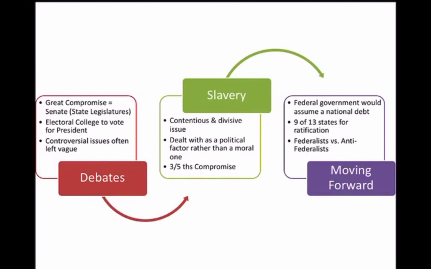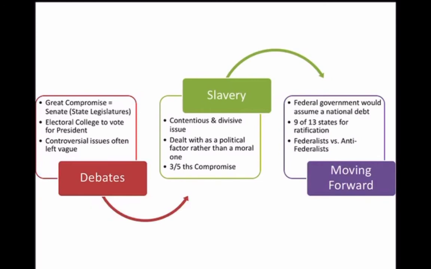One of the other debates they had to hammer out was how the American president should be elected. Who should choose them? And so the founding fathers decided on the Electoral College to vote for the president because they're really suspicious of true democracy, of mob rule.